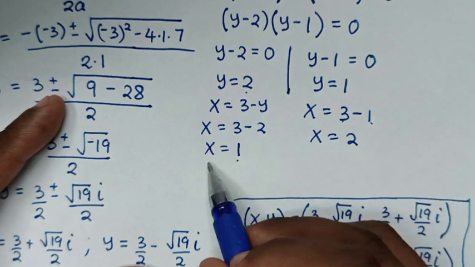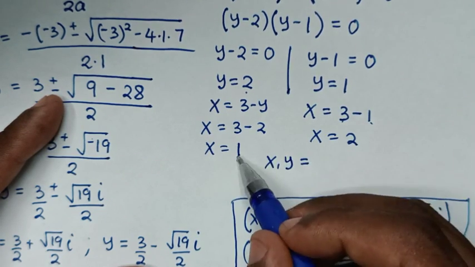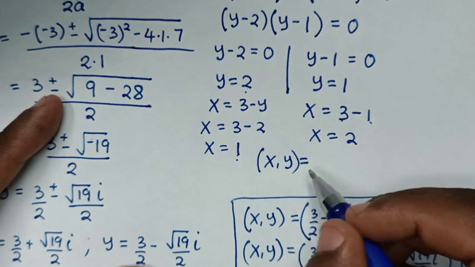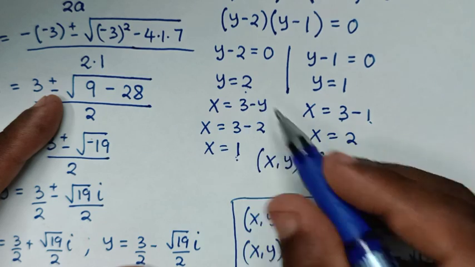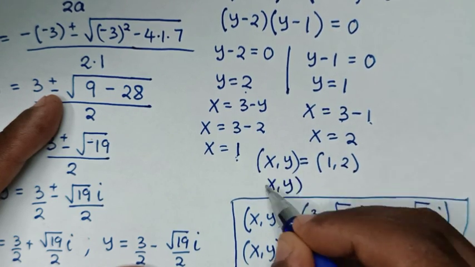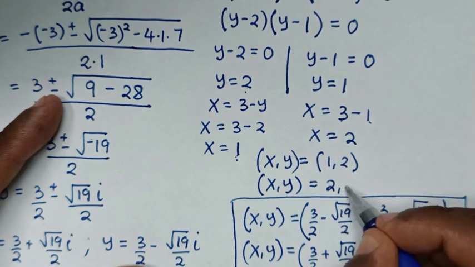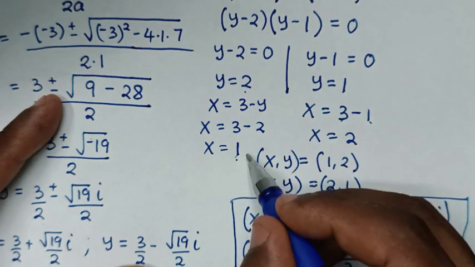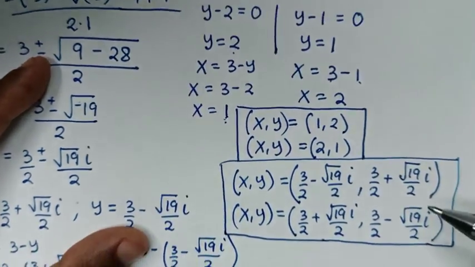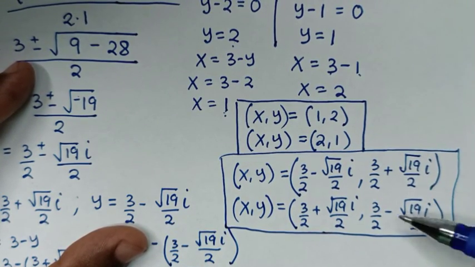So our conclusion from this second solution is (x, y) is equal to (1, 2), and (x, y) is equal to (2, 1). So these are the other solutions, which are real solutions. So we have these two real solutions and these two complex solutions.